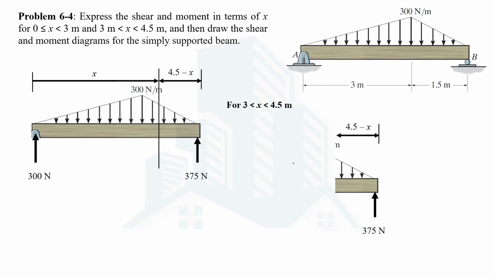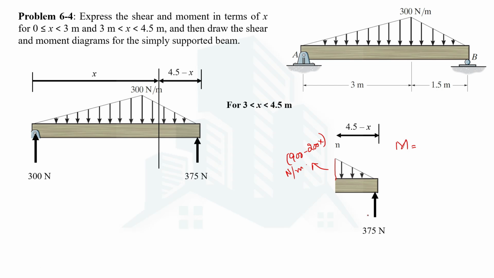Now let's move on to the determination of the equation for bending moment for this portion. So bending moment at a distance of 4.5 minus x meter on the right hand side would be equal to, so previously I was considering the clockwise movements as positive in the left hand portion, but now, as I told you, when we are dealing with the right hand portion, we have to take the opposites.